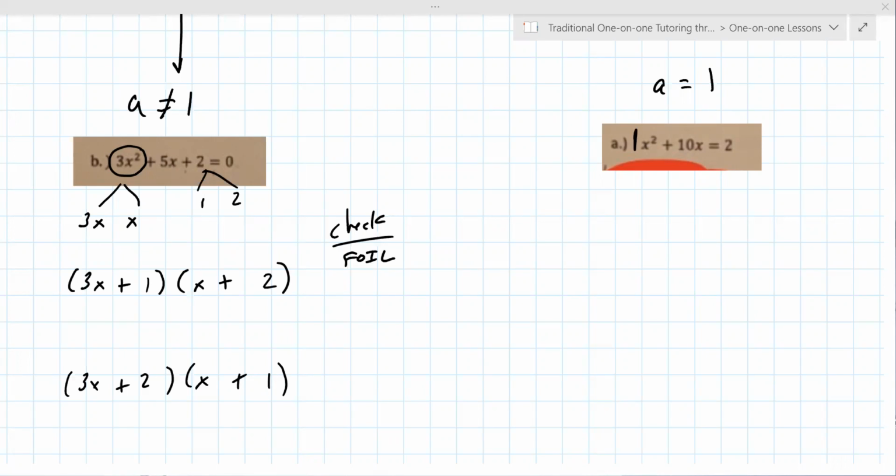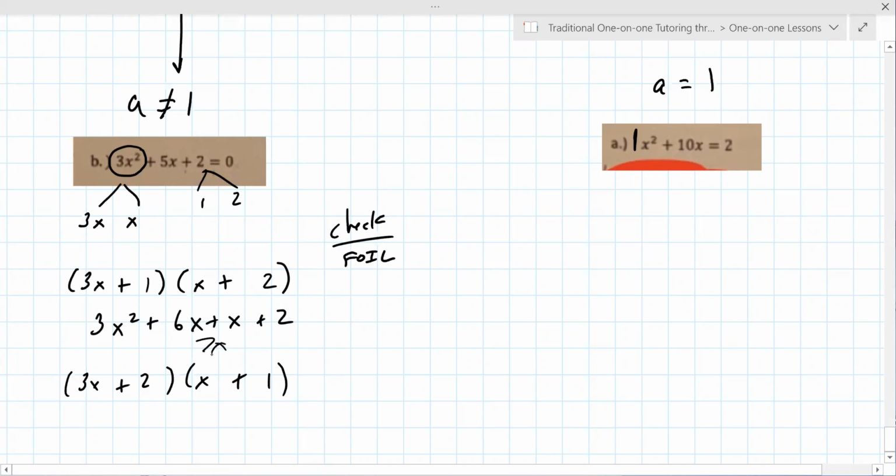The first one is 3x squared plus 6x plus x plus 2. Oh, wait, I have to combine those. That's 7x. So that's no good. So it's probably the next one.